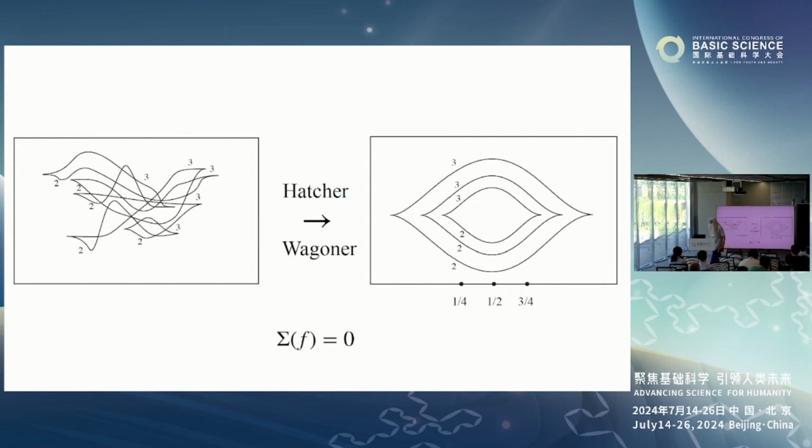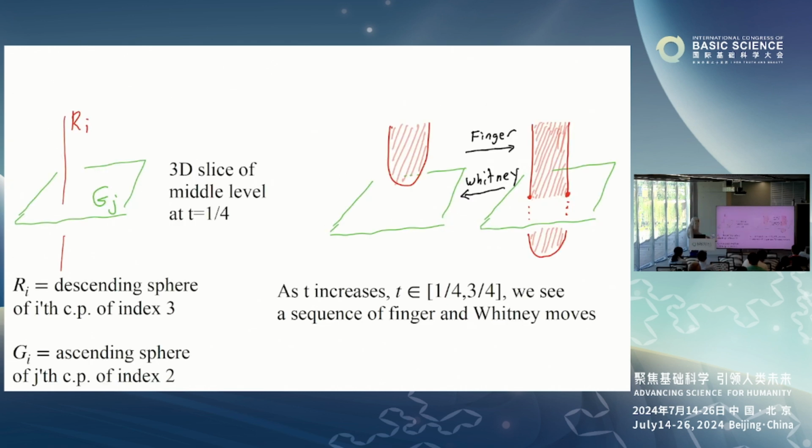Now, if we were in dimension 4, so we're talking about M × I where M has dimension 4, then the effect at the middle level, right here, is that you would see M connected sum with 3 copies of S² × S². This picture over here is a 3-dimensional slice of that. By which I mean, you look at the critical points of index 2 and you look at the ascending spheres, which are two-spheres in this dimension.